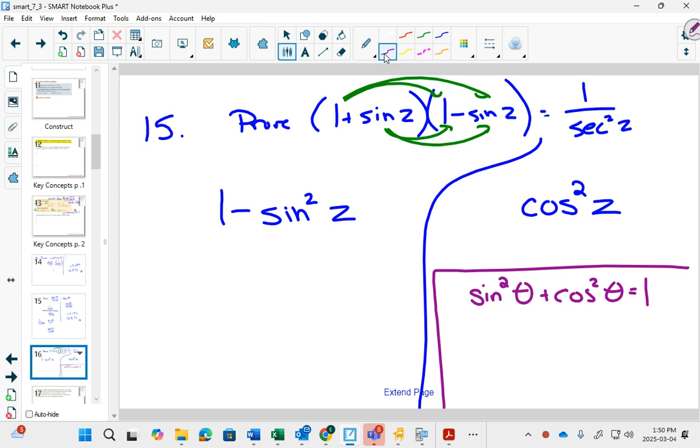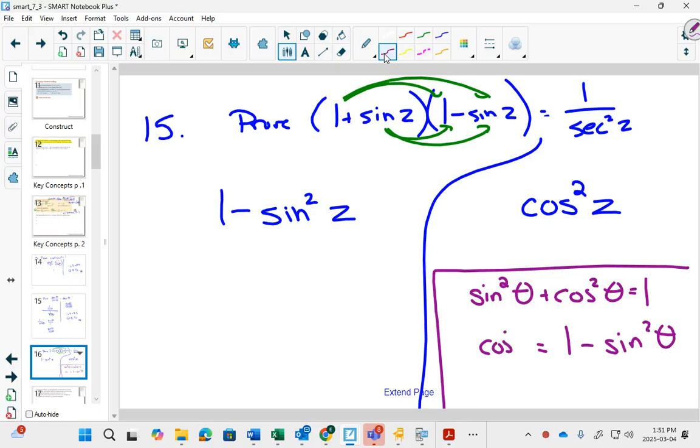And in identities, if you know something, mental math-wise, can you see that you could get 1 minus sine squared theta if you just moved it over to the other side? If I move the sine squared theta over to the other side, what would be left on the left-hand side?